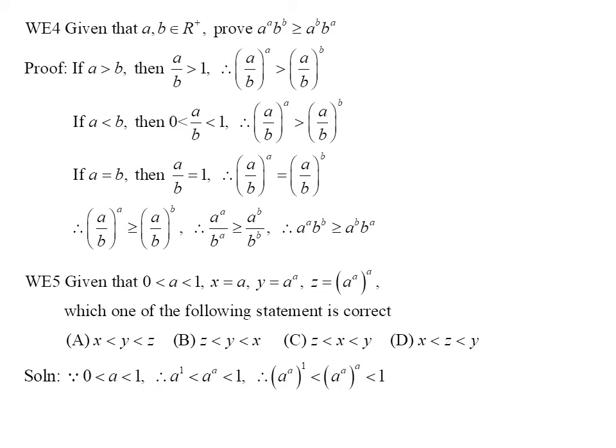Since a is between 0 and 1, a is less than a to the a, which is less than 1. Hence, a to the a is less than a to the a to the a, which is also less than 1. Therefore, x is less than y and y is less than z. So the correct answer is A.